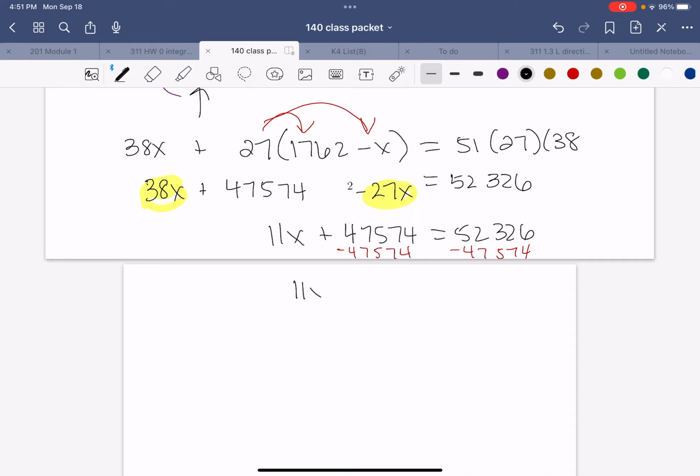And that will leave me with 11x equals 4,752. And we can go ahead and divide by our 11. Get 432.